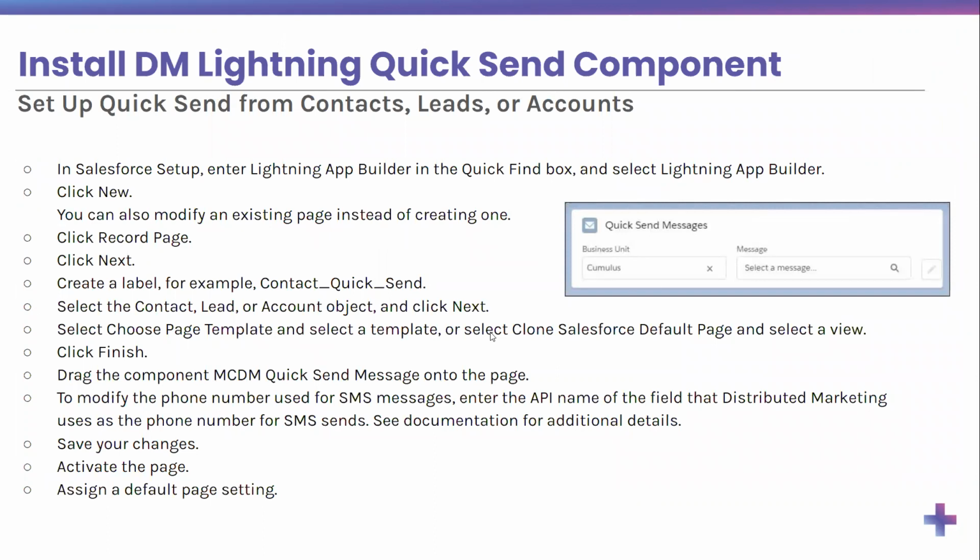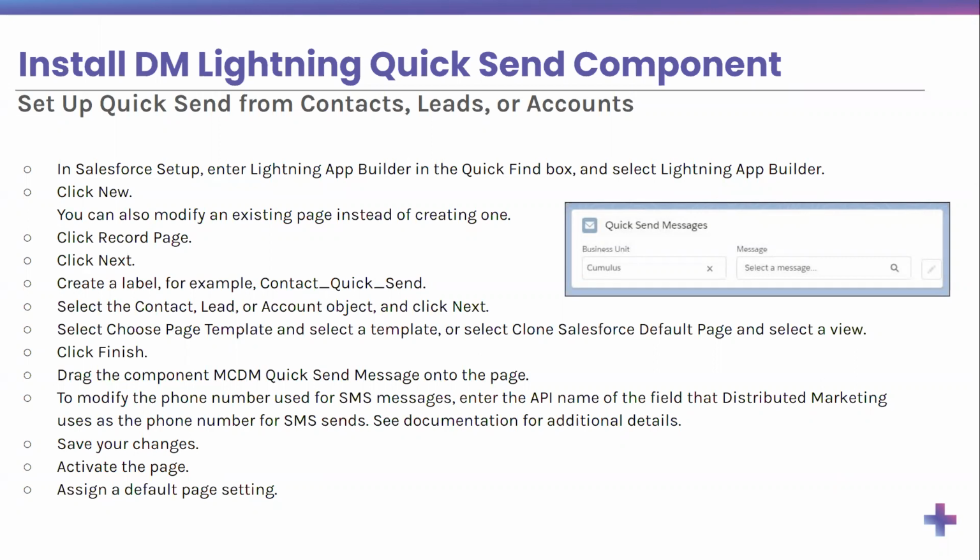In order to install this distributed marketing Lightning Quick Send component, you're going to navigate to Lightning App Builder in the quick find box, and from there you modify an existing page, the page that the end users are actually using. This might be an opportunity to consult with the Salesforce admin.